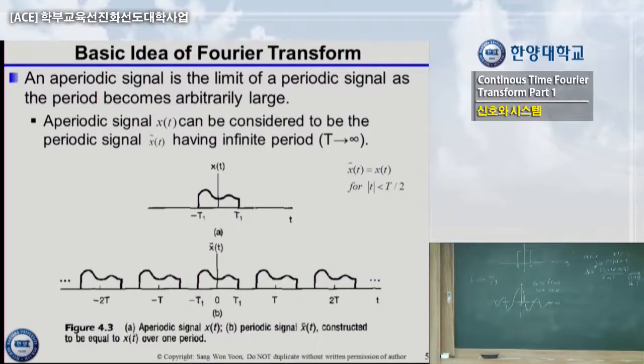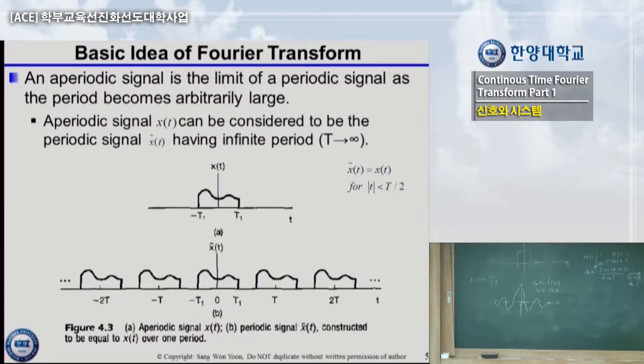So I keep on using those two. An aperiodic signal can be considered to be the limit of a periodic signal as the period becomes arbitrarily large, meaning that the period goes to infinity. So let's assume that we have x and x tilde.